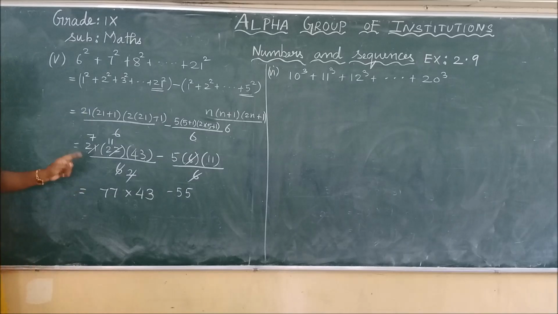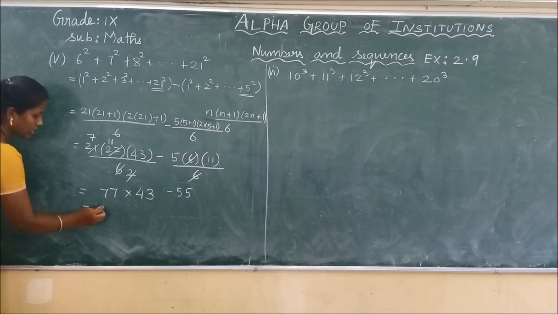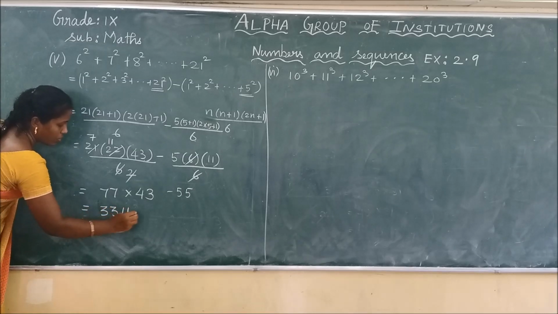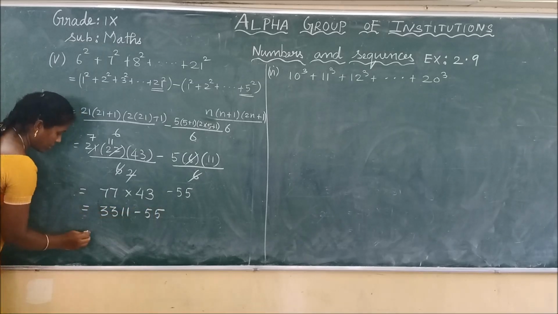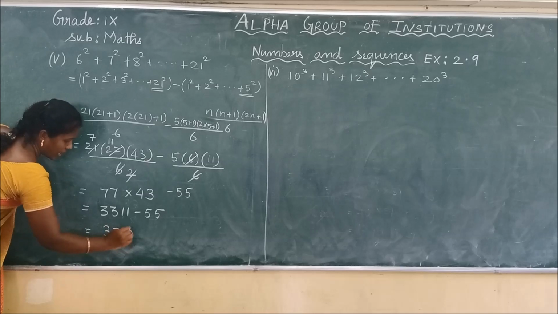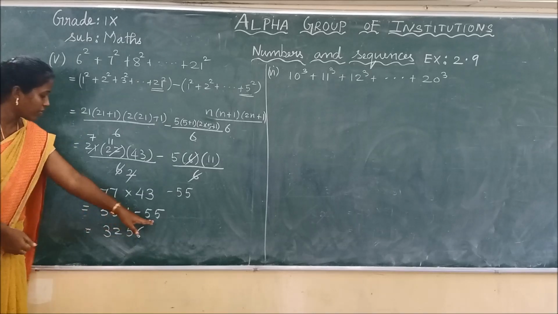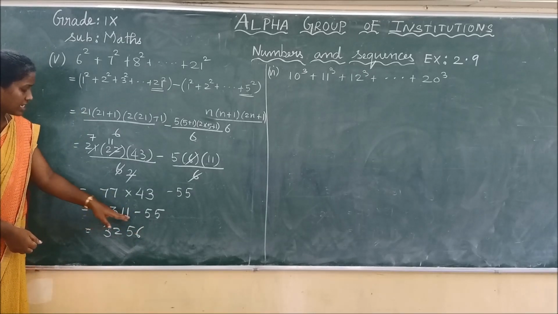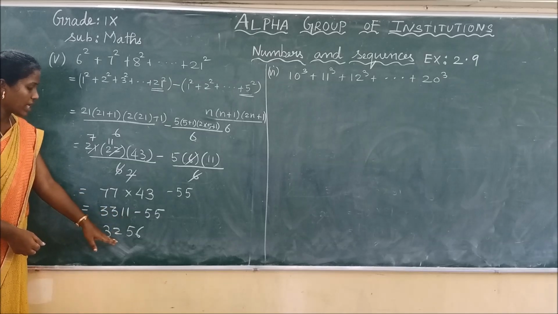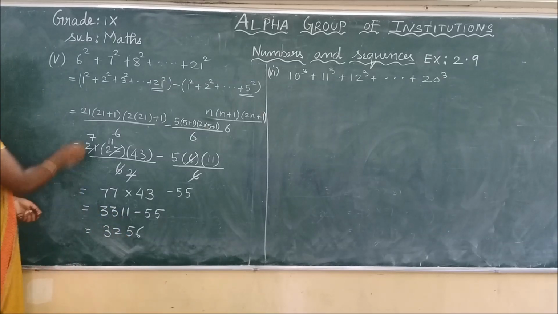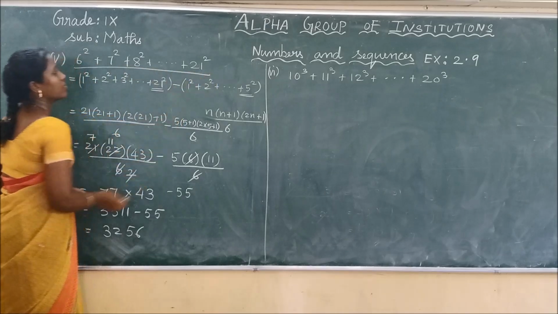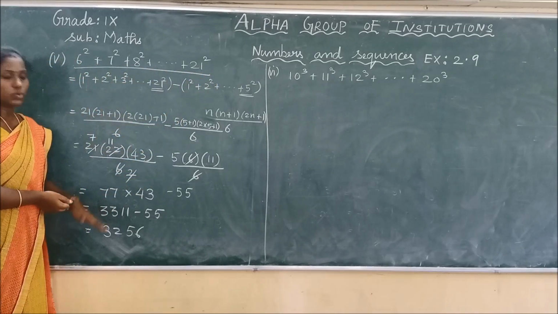So we are getting 77 into 43 minus 55. If I multiply 77 into 43, the value is 3311, minus 55. If I subtract 55 from 3311, the value is 3256. So the sum of the given series, squares of numbers from 6 square to 21 square, is 3256.